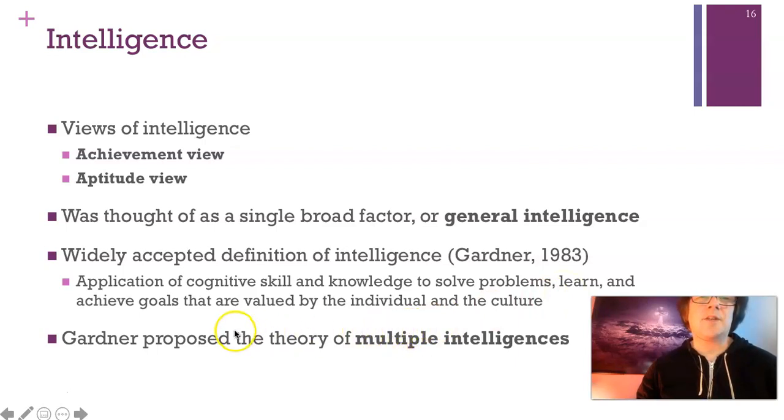So earlier thoughts of intelligence basically reduced IQ, or say intelligence, not necessarily IQ. IQ is intelligence quotient. It's a very particular way of calculating or measuring intelligence.